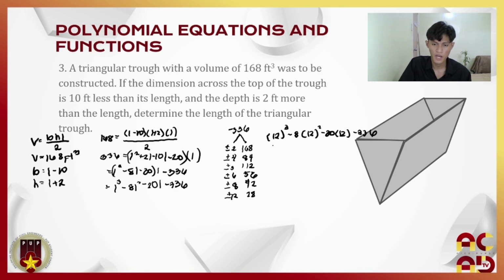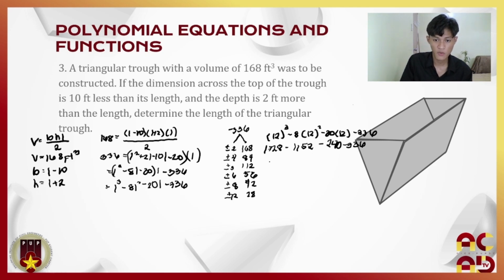So 12 cubed, we have 144 times 12, that is 1728. 144 times 8, we have 1,152. And then negative 20 times 12, we have 240 minus 336.